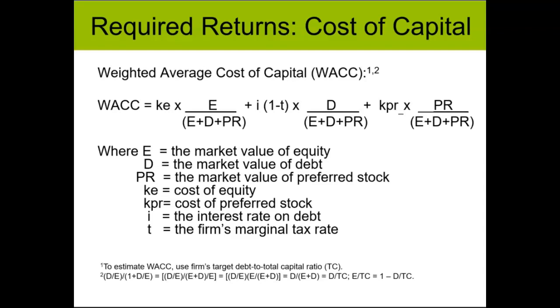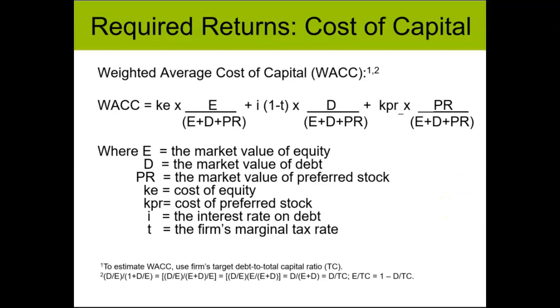This contradiction may be circumvented by assuming that firms have a target debt to equity capital ratio, and that this ratio is used as the weights in the calculation of WACC. All the weights should be expressed as market values, since book values represent historical values, and a firm's efforts to raise funds would be expressed in terms of current market values.